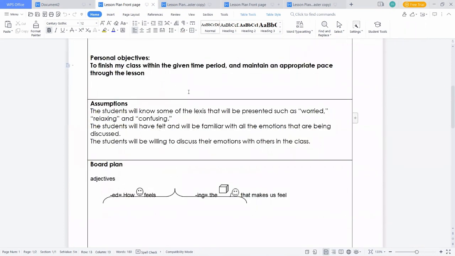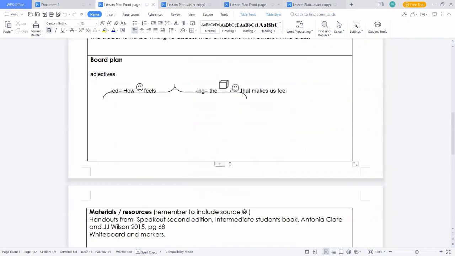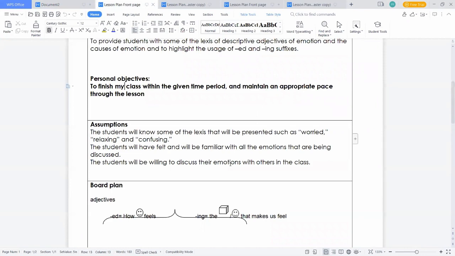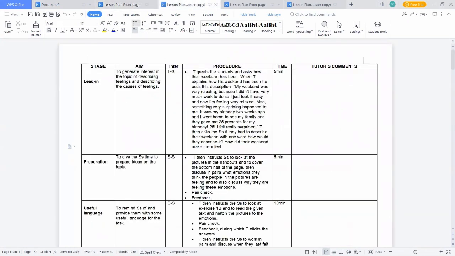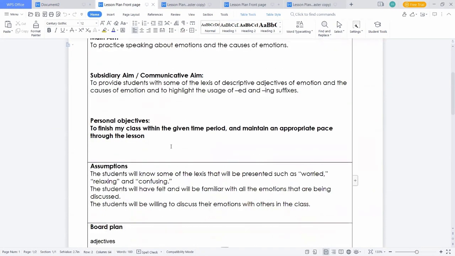For the rest of this, we're just going to go over my plans. I'll be giving you a template of these plans, one clear template that you can fill in for your plans.